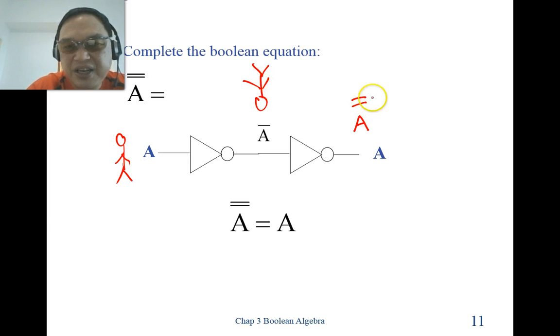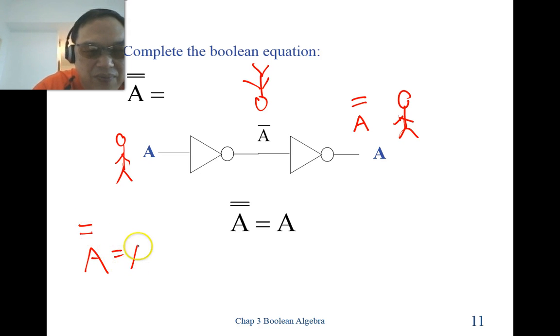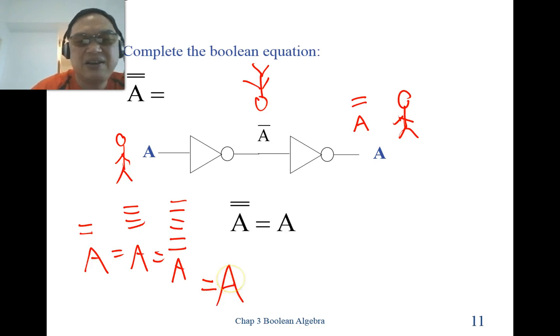So the input is like that, and the output will be a double bar on top. They say it is as good as no bar on top. Cut the long story short, as long as the number of bars on top of A is an even number, it is as good as A. Understood? Nothing more than that.